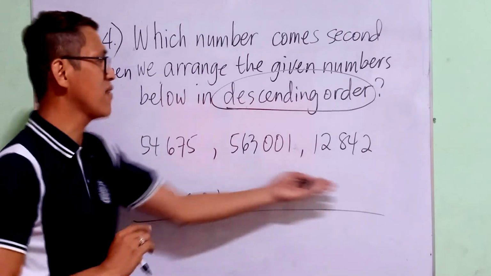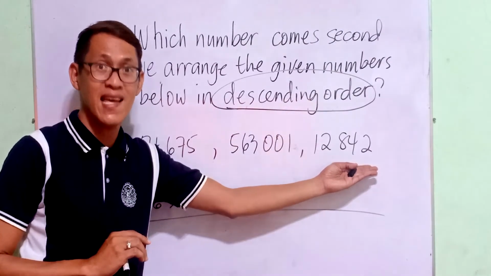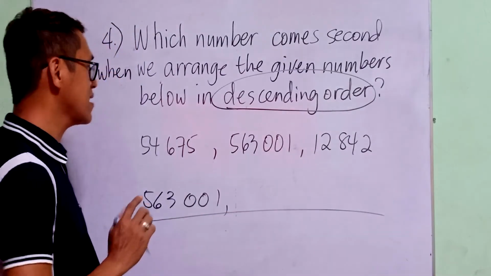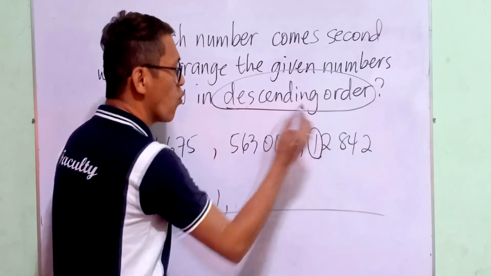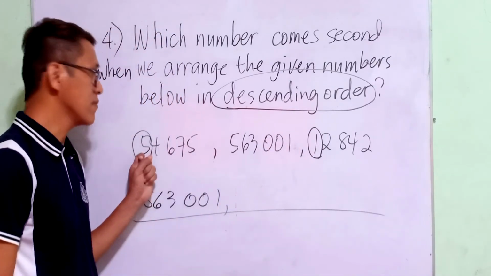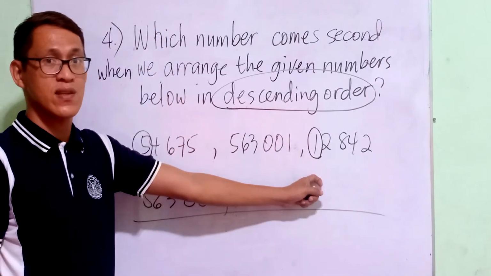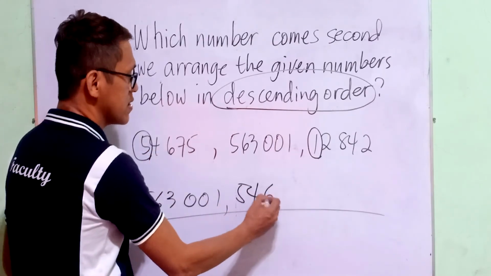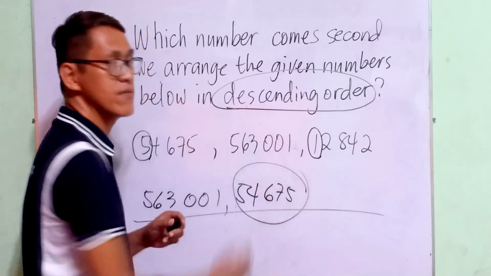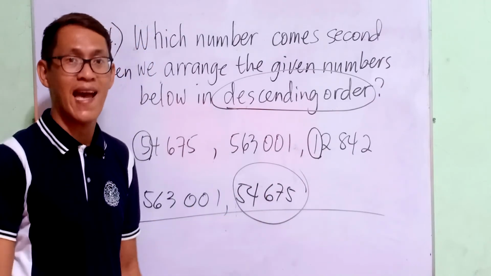What's the highest place value here? It's 10,000. So what are the digits in the 10,000s place? Here you have 5, while here you have 1. So 5 is greater than 1. So the next number should be 54,675. That would be our answer.